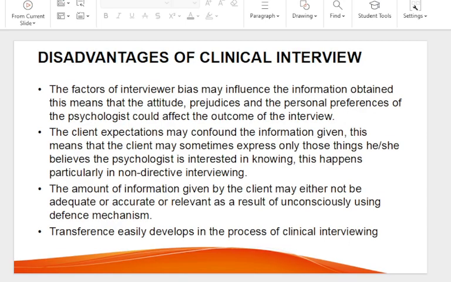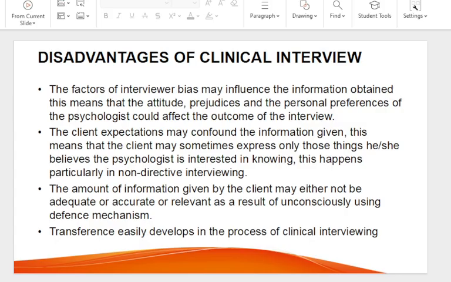So what are the disadvantages of clinical interview? There is still the possibility of interviewer bias. Now, like I said before, we all have our attitudes, we all have our beliefs, we all have our norms, and there's a way these things show up in evaluating others.